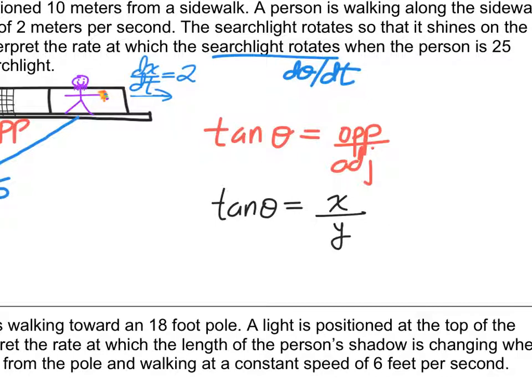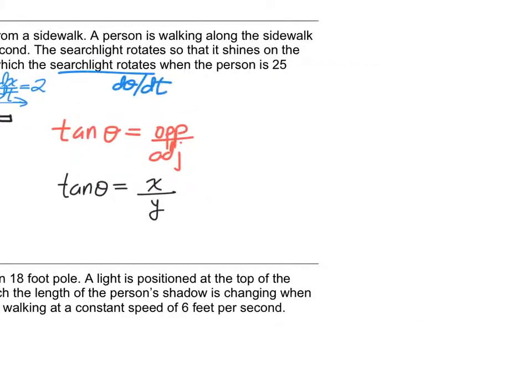All right, so I have to take the derivative of this. Left-hand side's easy enough. What's the derivative of tangent? Secant squared theta times d whatever dt, in this case theta, exactly. Now, on the right-hand side, we have a quotient of two functions.